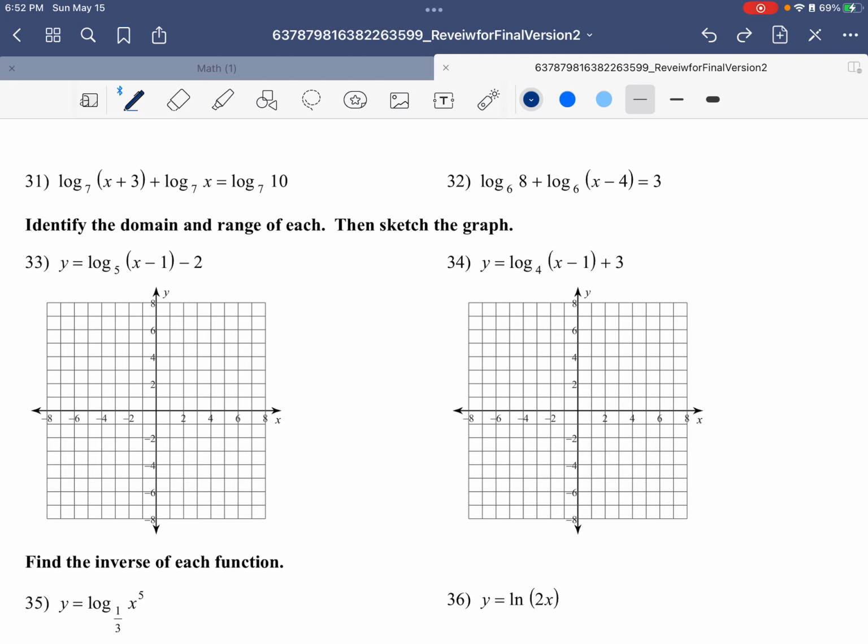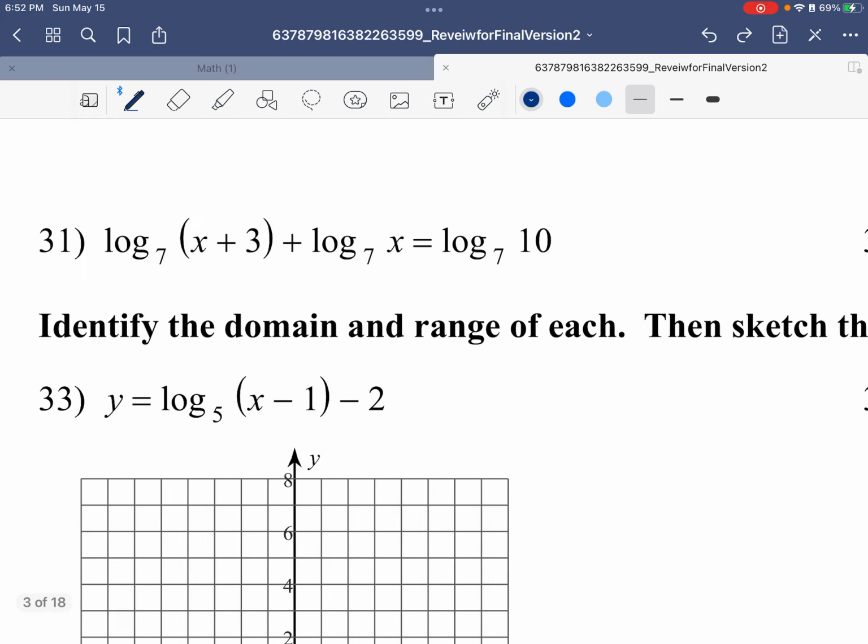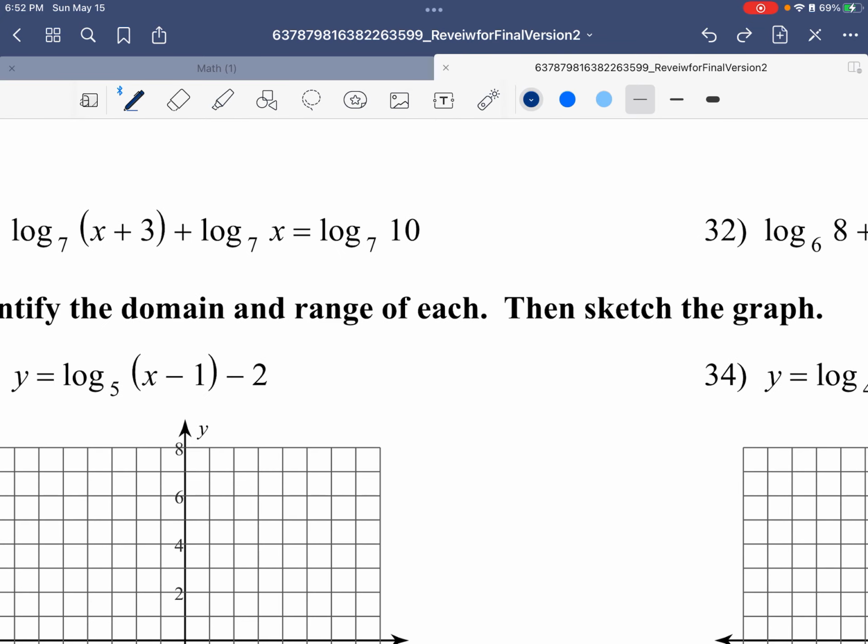So what I'm going to do first for this one is I'm going to combine it. So like I said, when it's being added, it's being multiplied. So on the left side, we have log base 7 of x plus 3 times x, and it's going to equal, okay, so what I did here is, this is being added, so the log is the same, and it's being added.